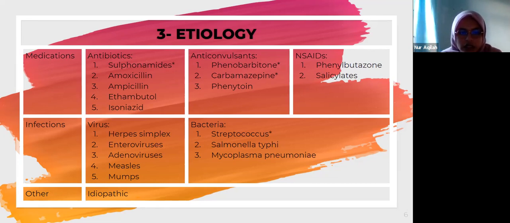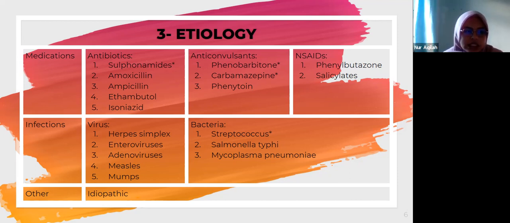For bacterial infections, the most common causative microorganisms are Streptococcus species, Salmonella typhi, and Mycoplasma pneumoniae. The second leading bacterial cause of SJS is Mycoplasma pneumoniae, after Streptococcus species.